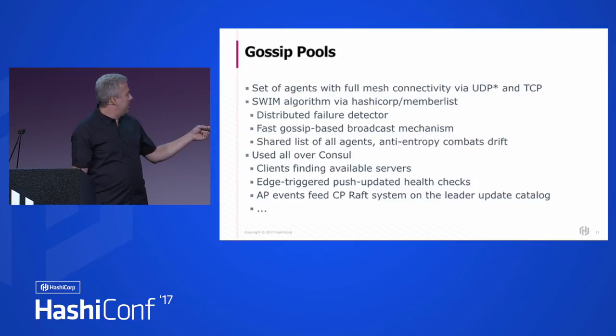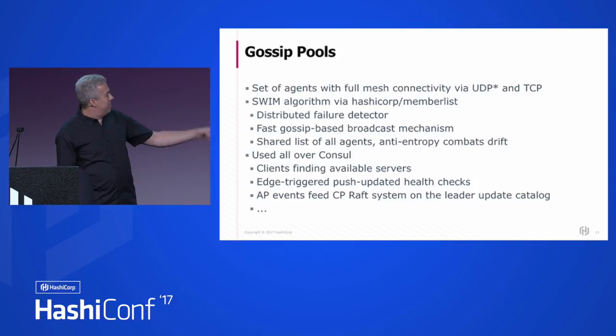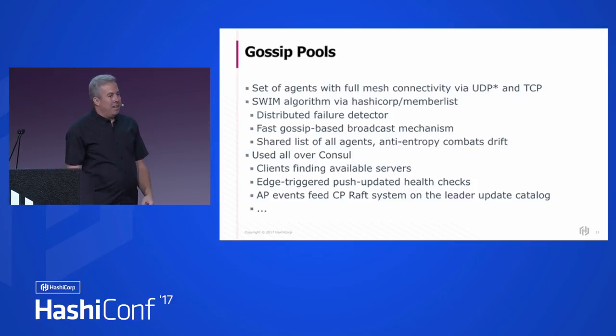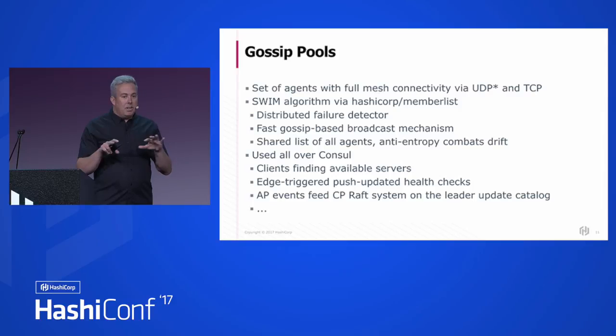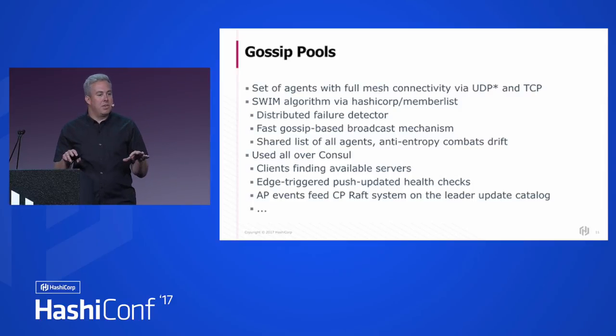And then finally, the AP events feed into the CP Raft system. This is AP and CP in the CAP theorem sense. So when a gossip pool learns about an event, like a server coming or going, or an agent going offline, there's a loose shared understanding that converges over time across the whole cluster. But in Consul, when you make a query, you want to have a consistent answer.